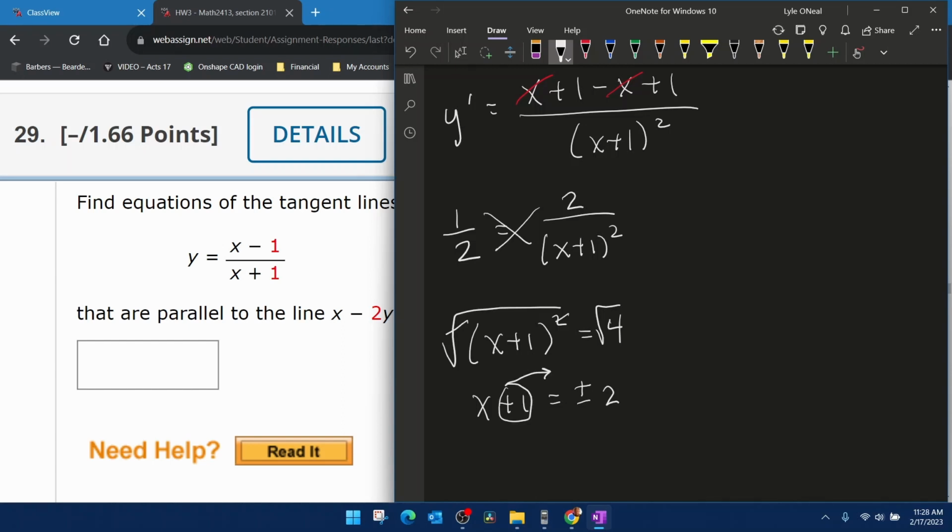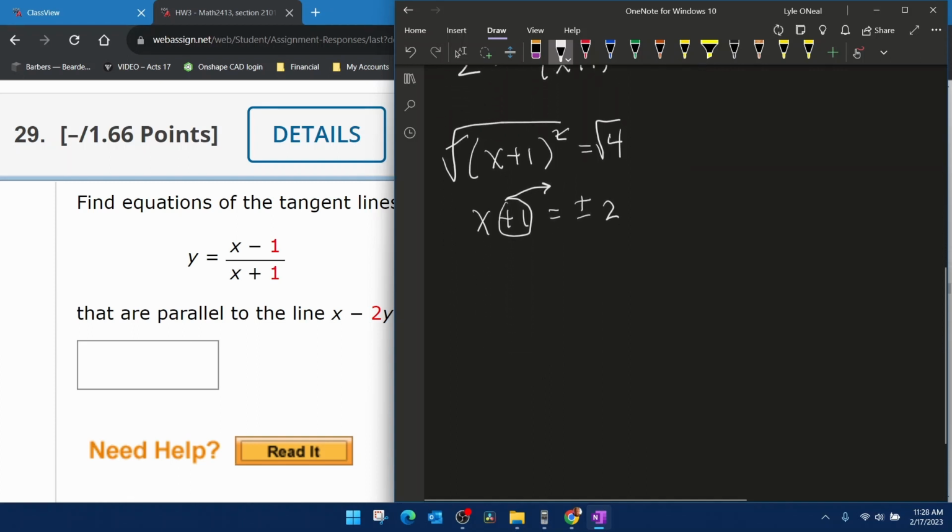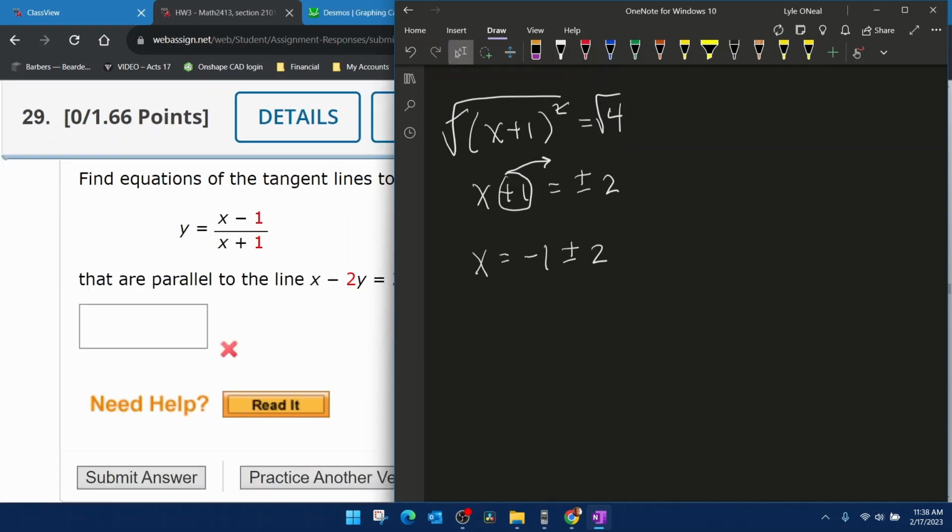And the last step says that we're going to bring that plus 1 over, which will make that negative 1 plus or minus 2. And simplifying here, we're going to get x equals negative 1 plus 2, which is 1, negative 1 minus 2, which is negative 3. And then I need to find the y coordinates that correspond to these x coordinates.